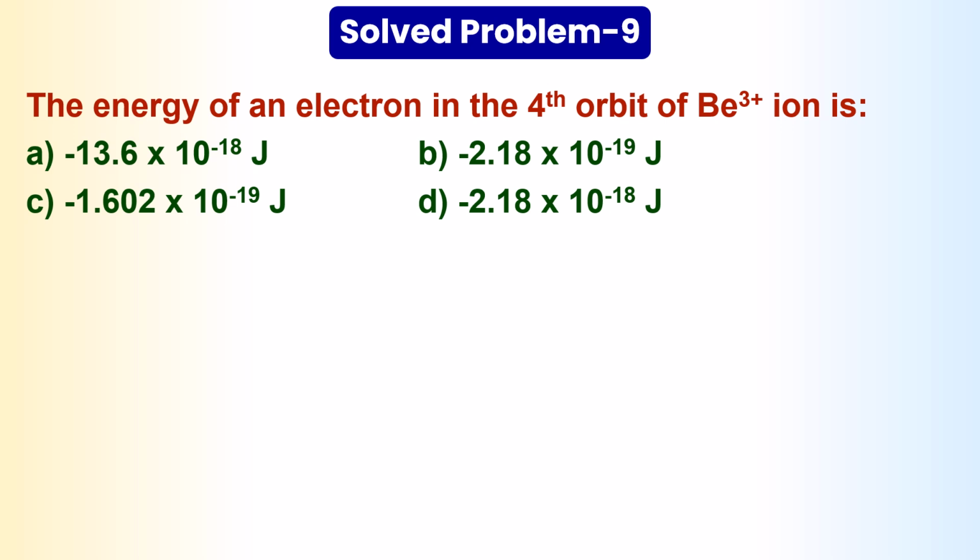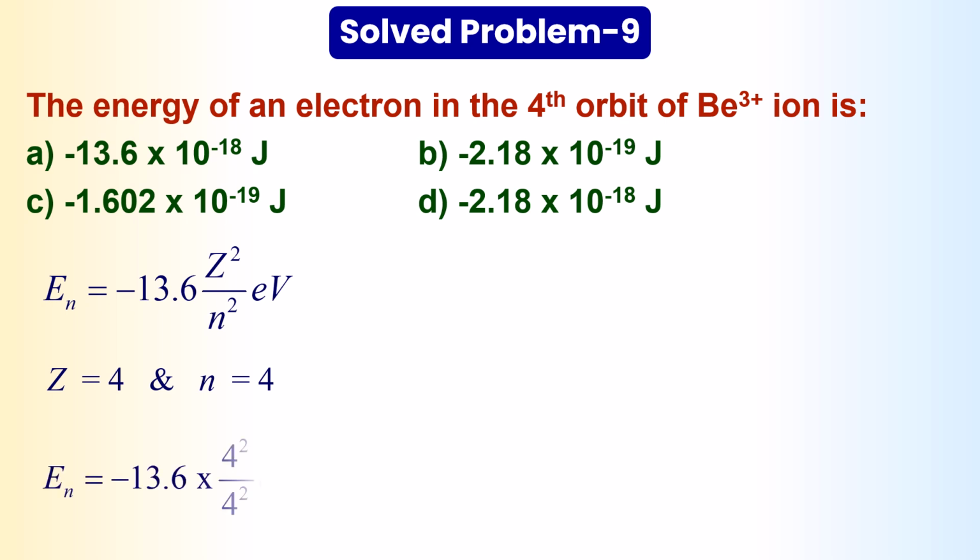Now let us calculate the energy of an electron in the fourth orbit of beryllium 3 plus ion. Note that the energy values in the given options are expressed in joules. Okay, let us start with the same equation. Z is equal to 4 for beryllium and n is equal to 4 since the electron is in the fourth orbit.